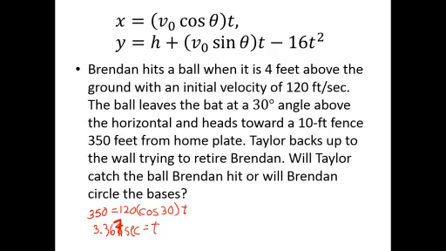So now the next question is, how high up in the air is it? Now we're going to use the second equation because that tells us how high up and down.